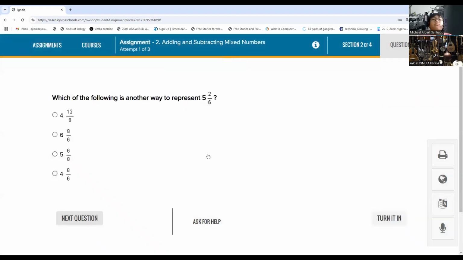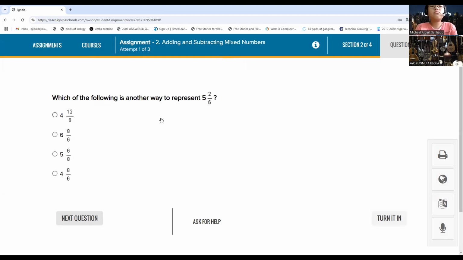Then, which of the following is another way to represent 5 whole number 2 over 6? Well, it should be 5 1/3, but there's no 5 1/3 there. So if we remove one of the 5s to make 4, then that'll be a 6, add to the 2 to become 8.